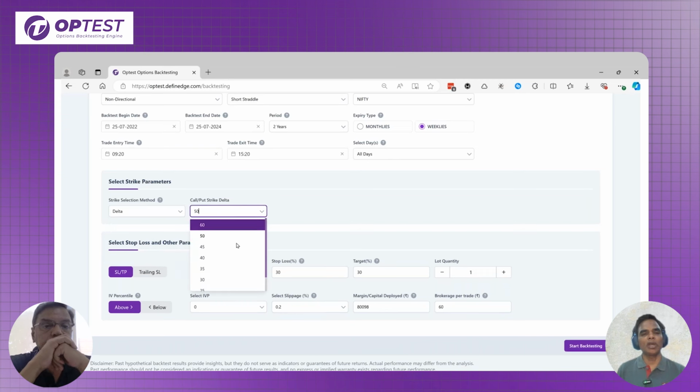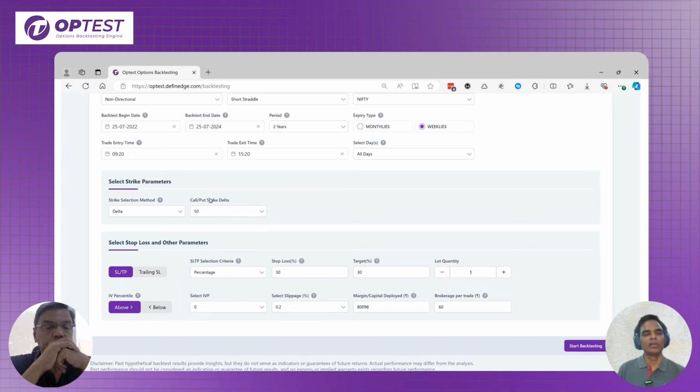But you will also have the choice to select other deltas with a step of 5 delta. So you can select out of the money as well as in the money up to 60 delta. Yes, most people don't do in the money straddles. Mostly they do at the money or slightly out of the money.